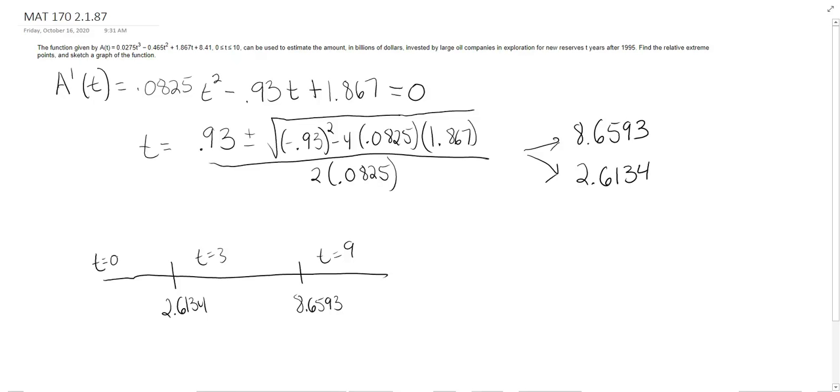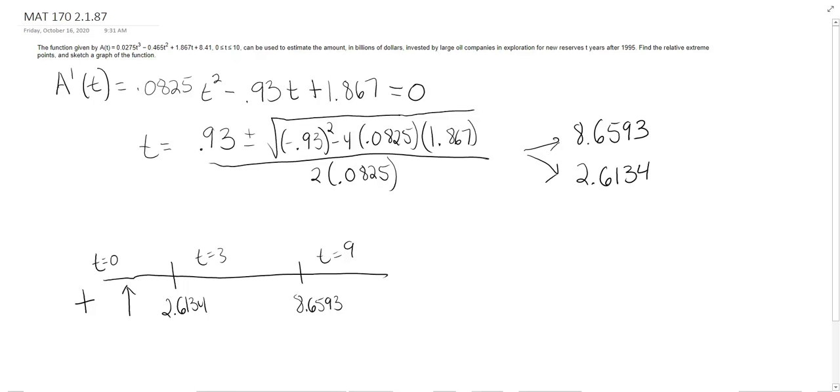If I put 0 into A prime, the first term becomes 0, the second term becomes 0, and we're left with plus 1.867. I get a positive number, which means that my function A is increasing.